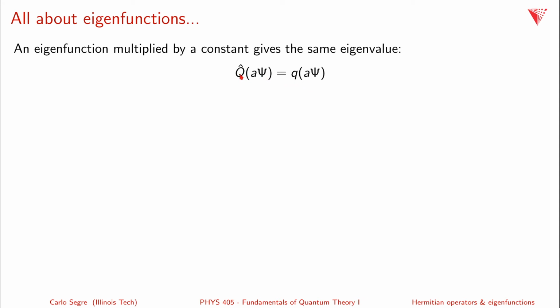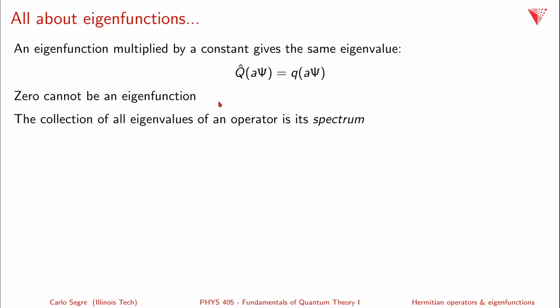And so I get Q operator applied to A psi is equal to q times A psi. 0 cannot be an eigenfunction. That's another thing that we have to say. And the collection of all eigenvalues of an operator is called its spectrum.